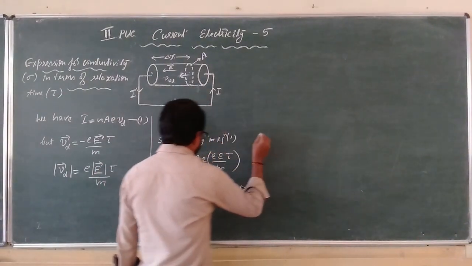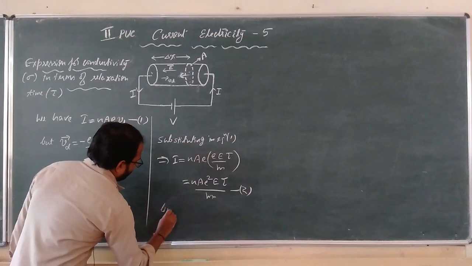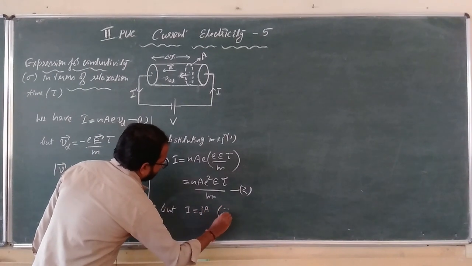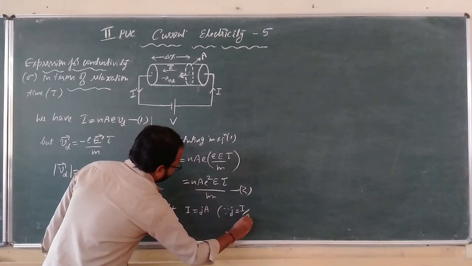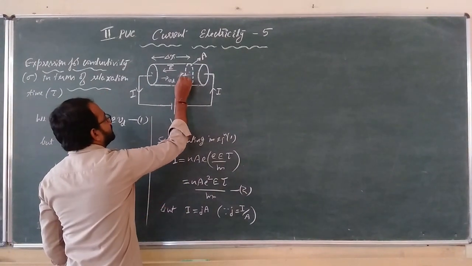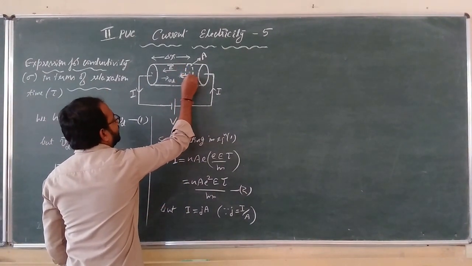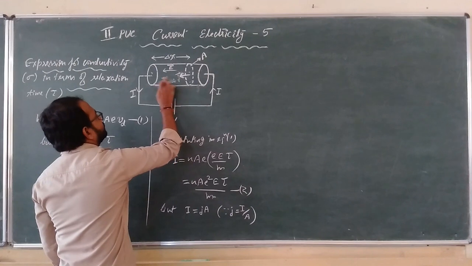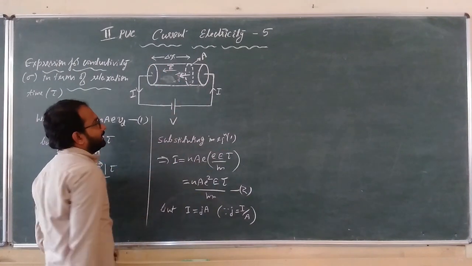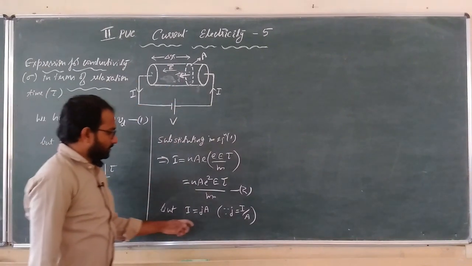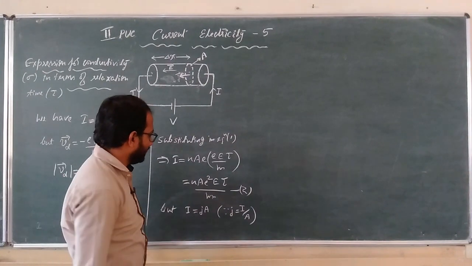As I told, J is equal to I by A, so I is equal to J into A, because vector J is in a direction parallel to E, or parallel to the area vector. So J is equal to I by A, or I is equal to J into A.